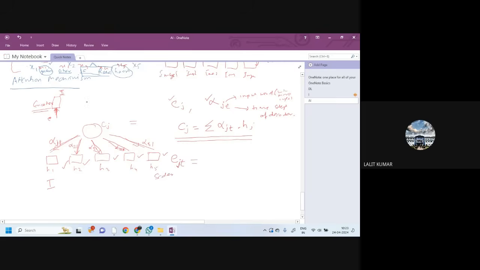Now, when we are in a decoder, we are going from this step to this step to this step. For example, at present time step T, J is the jth word in the input, T is the time step, and I say that this is the value which is affecting this at the time step.